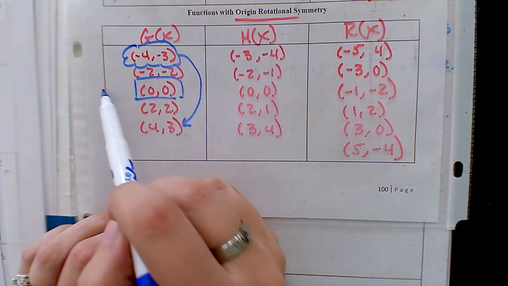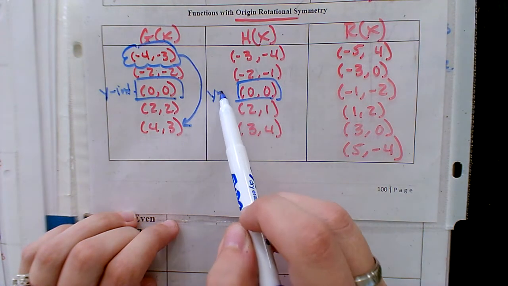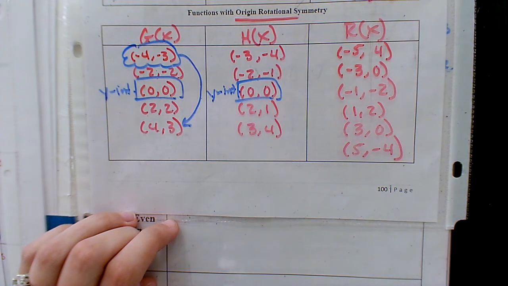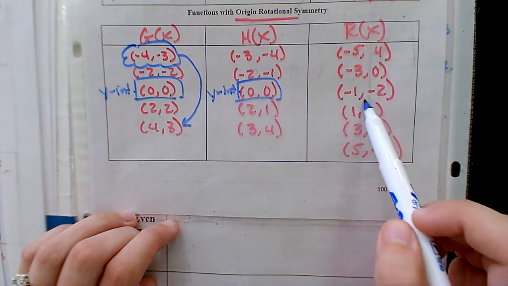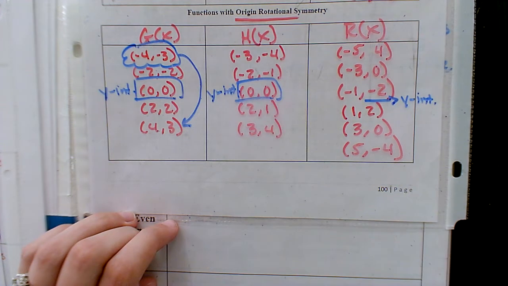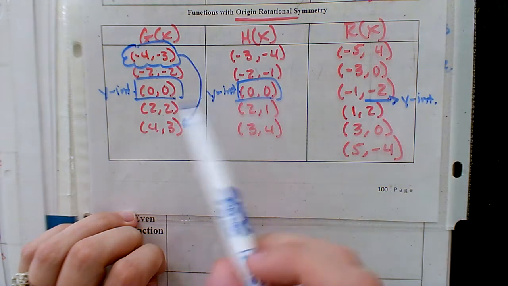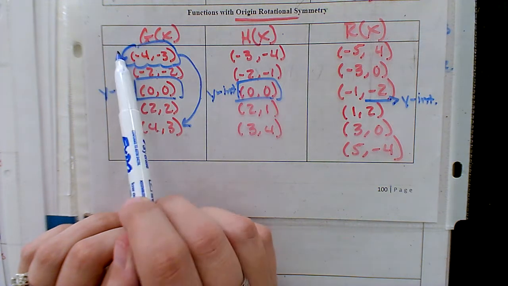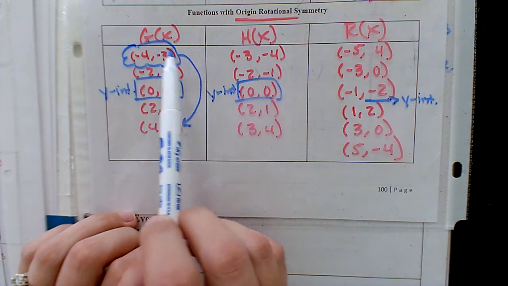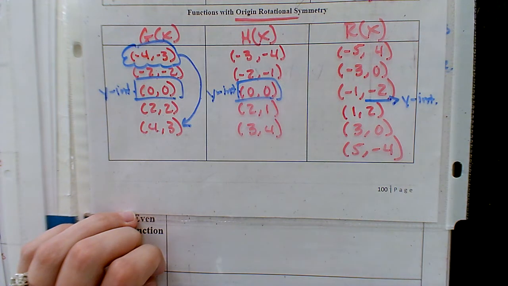Okay, so we'll go ahead and find those y-intercepts again. In R of x, we don't really have one listed, but we can determine where one would be. Okay, a y-intercept has an x value of 0. So notice how the points on the left-hand side of the y-axis are related to a point on the right-hand side, specifically by making each number opposite or negative of what it is.